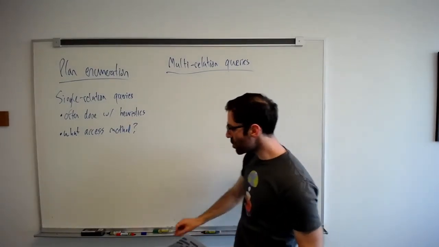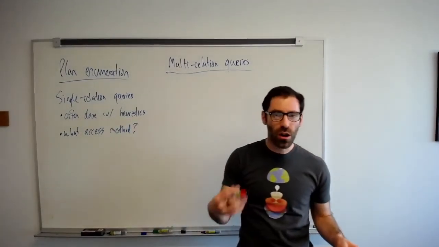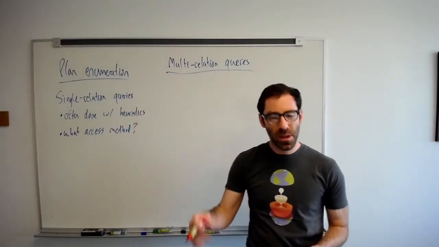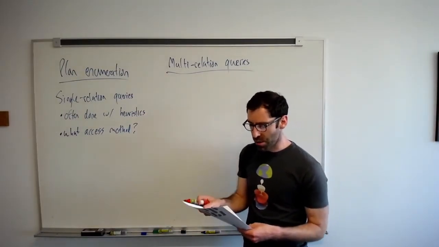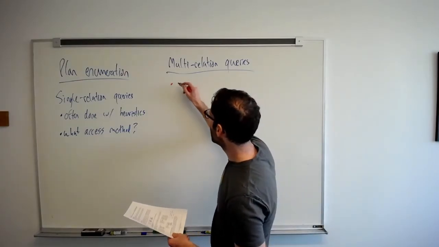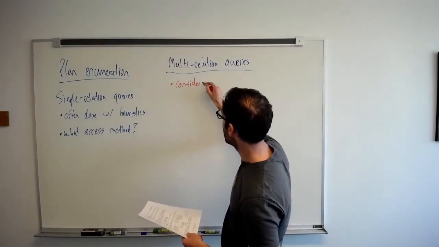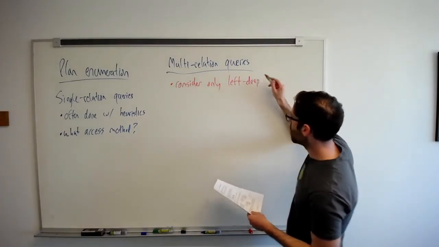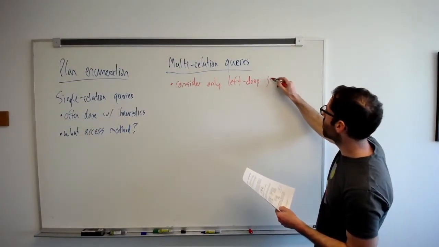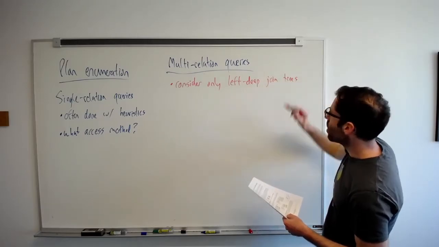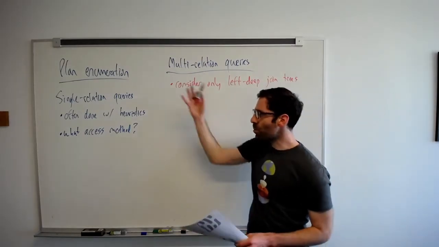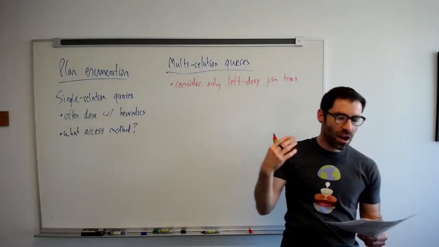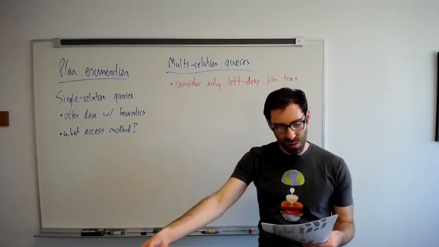And one decision from System R, IBM's original relational database that has carried through to modern day, is that when we're thinking about different possible plans, we're only going to consider left deep join trees.